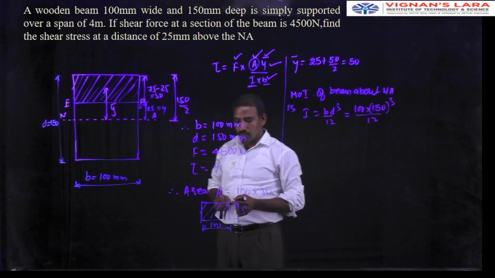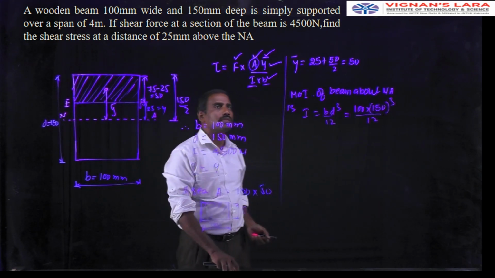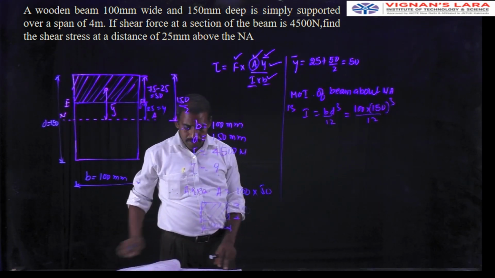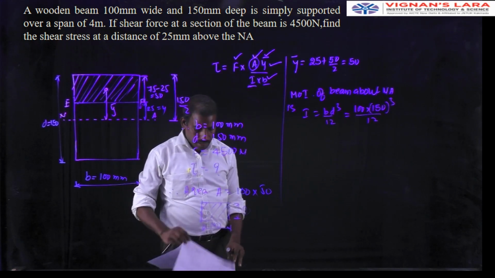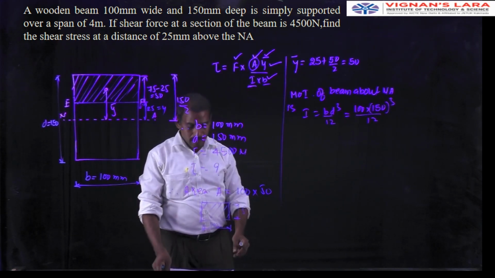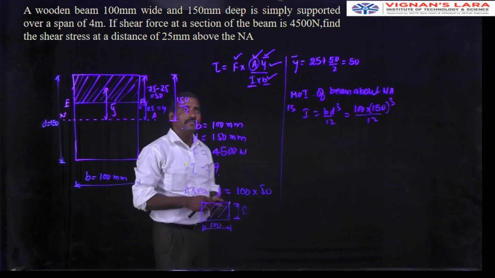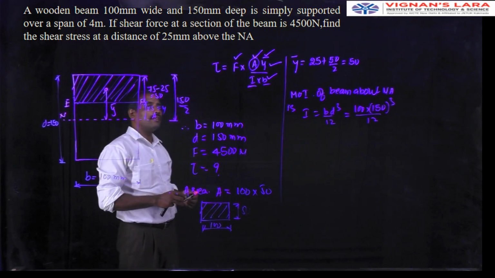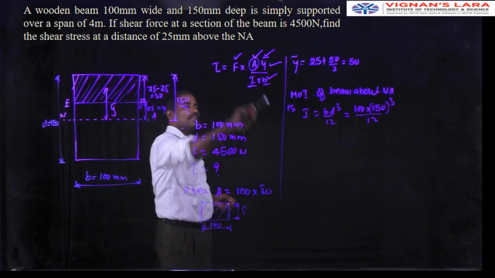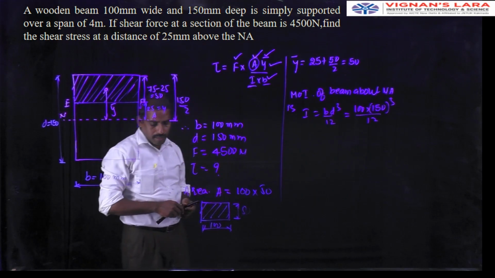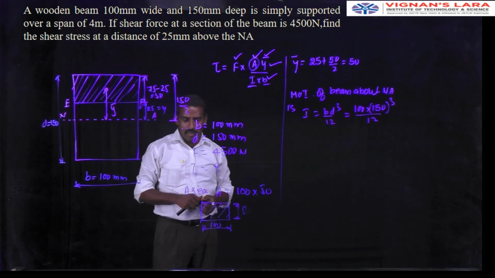I think that we know all the values which are needed to substitute in this equation. What are those values? First one is the F, second one is the A, third one is the Y bar, fourth one is the I, as well as the last one is the B. Simply substitute all these values.